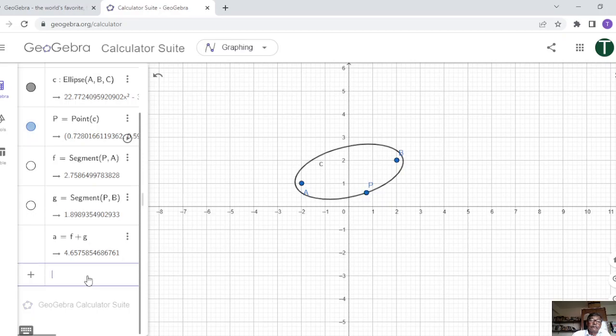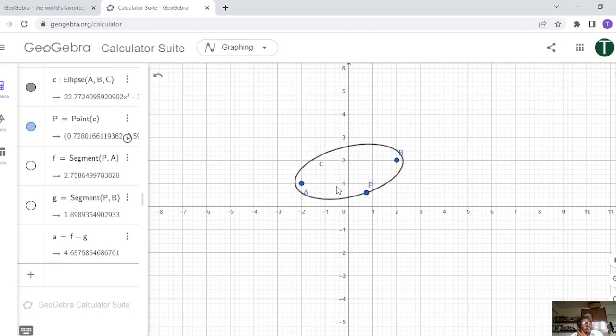Okay, so P is there. So once again, I want to know the value of the slope of the function which is described by the ellipse. I want to find out the tangent at point P to this ellipse.